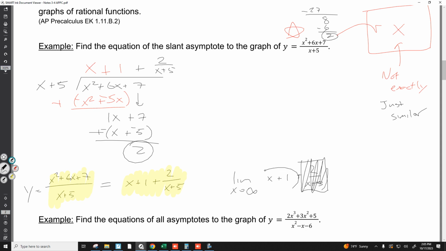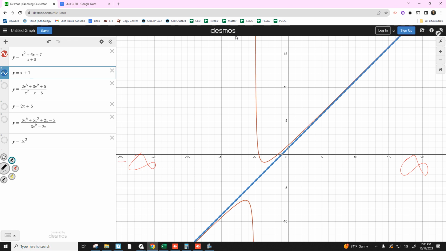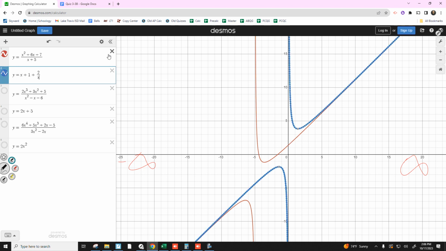My function will not have x end behavior, but rather x plus 1 end behavior. What does that mean? Watch, guys. x plus 1. Does that fit with the rational function? Perfectly. Now watch this. Add 2 more over x plus 5. You get the same thing because they're equal to each other.